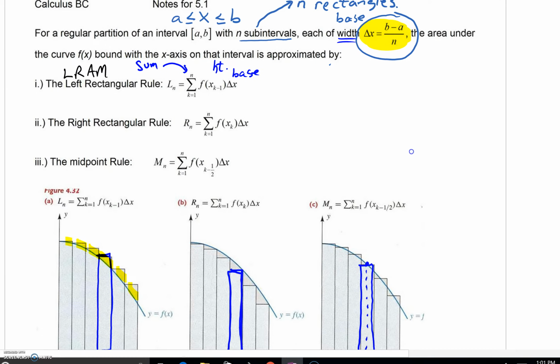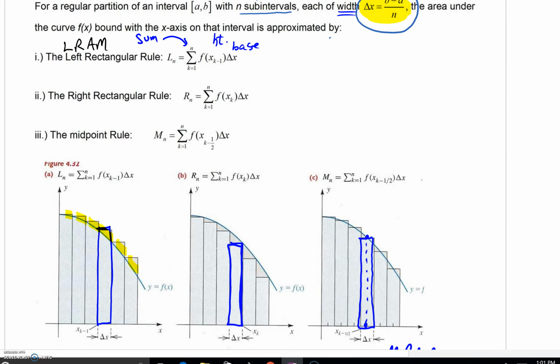Well, all of a sudden kids can look at this LRAM, RRAM, and MRAM, and that can seem very, very obscure with this formula right here. You can see the Greek letter sigma. The Greek letter sigma is just telling you we're going to add a whole bunch of rectangles.